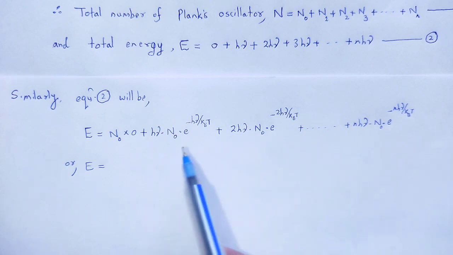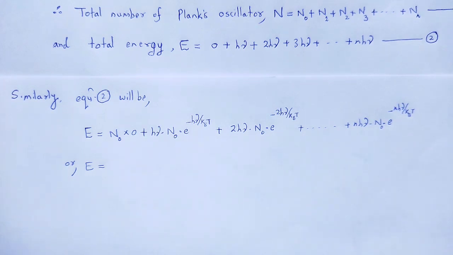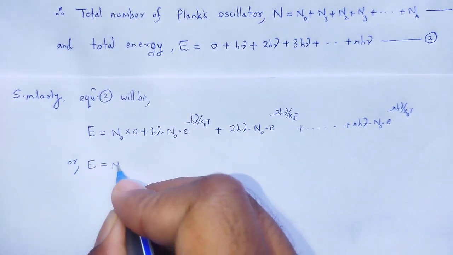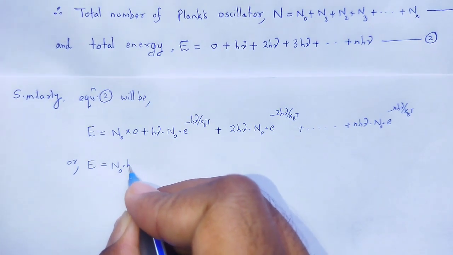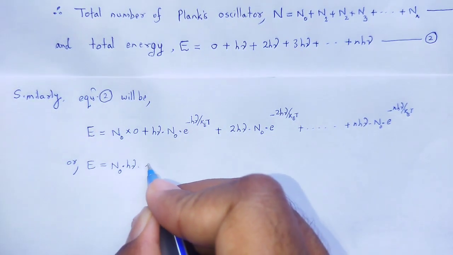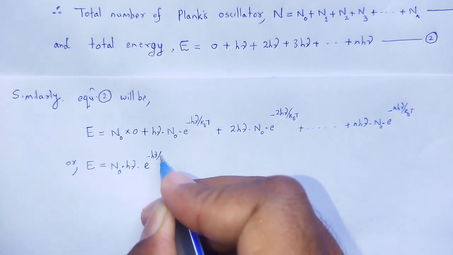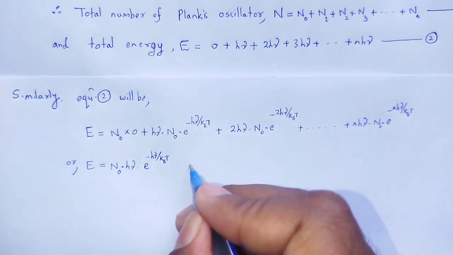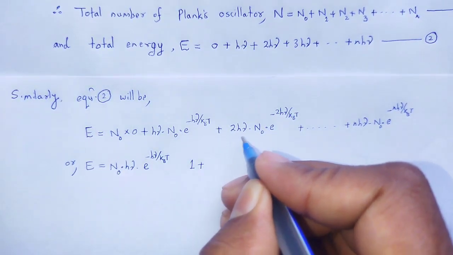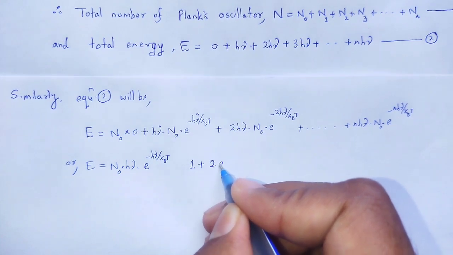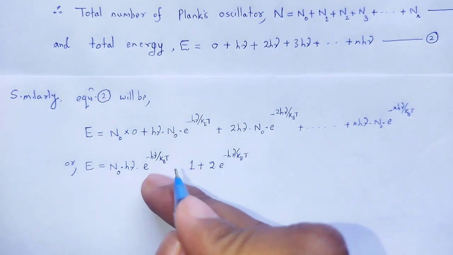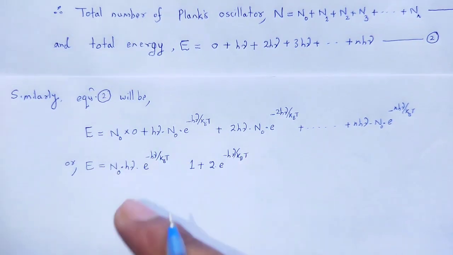In these terms we have to consider the common term as N0 into h nu, N0 into h nu into e to the power minus h nu by kBT. We take common. So inside that bracket it will be 1 plus here 2 into e to the power minus h nu divided by kBT, as we prefer e to the power minus h nu by kBT as common.